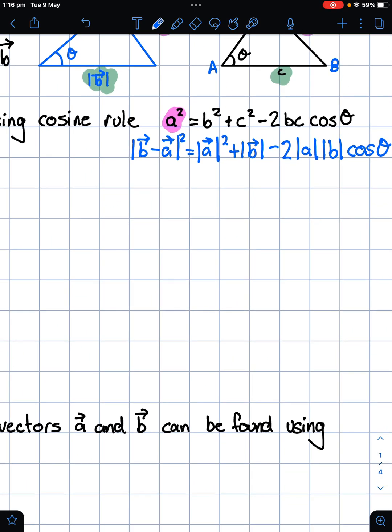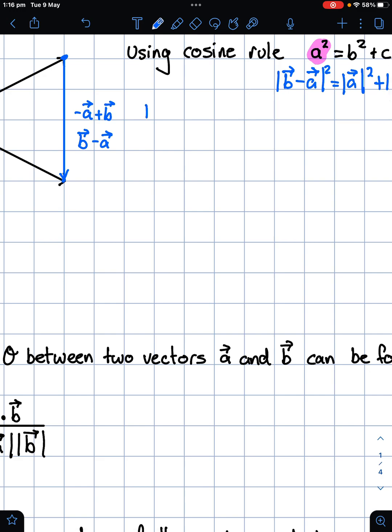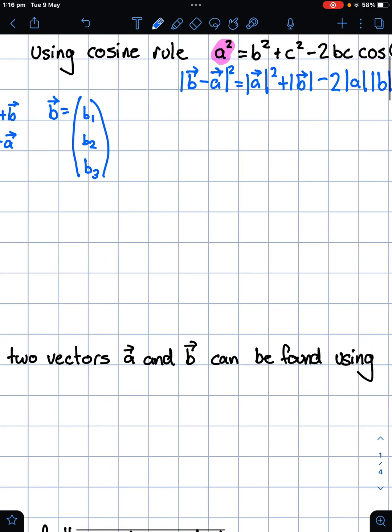Now, this is going to use a few of our algebraic properties that we've just previously talked about. So this thing here, squared, if you think about our individual components, let's write up our vectors. B is going to equal B1, B2, B3, and A would equal A1, A2, A3.